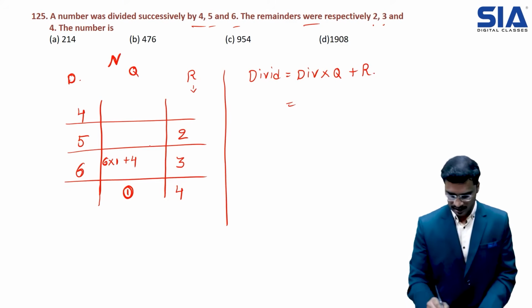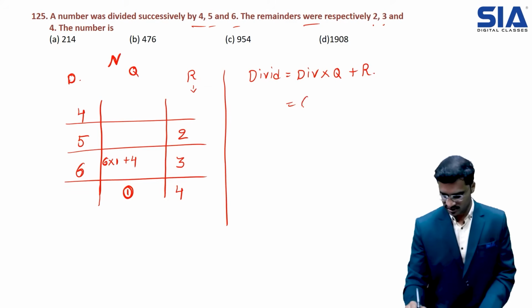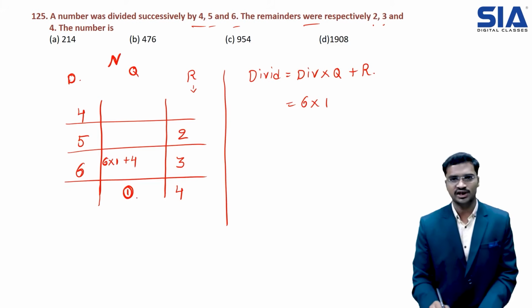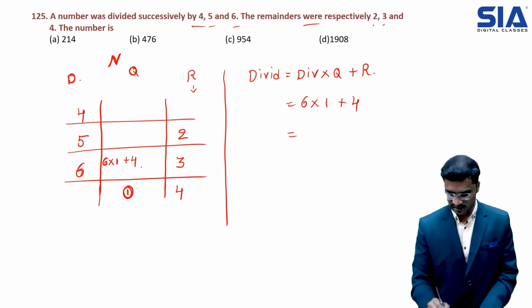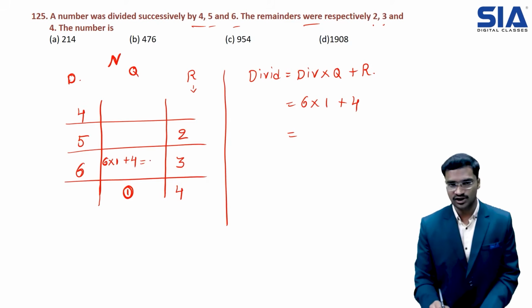So we multiply the divisor 6 by the quotient 1, plus the remainder 4, so 6 plus 4 is 10. So the first quotient is 10.